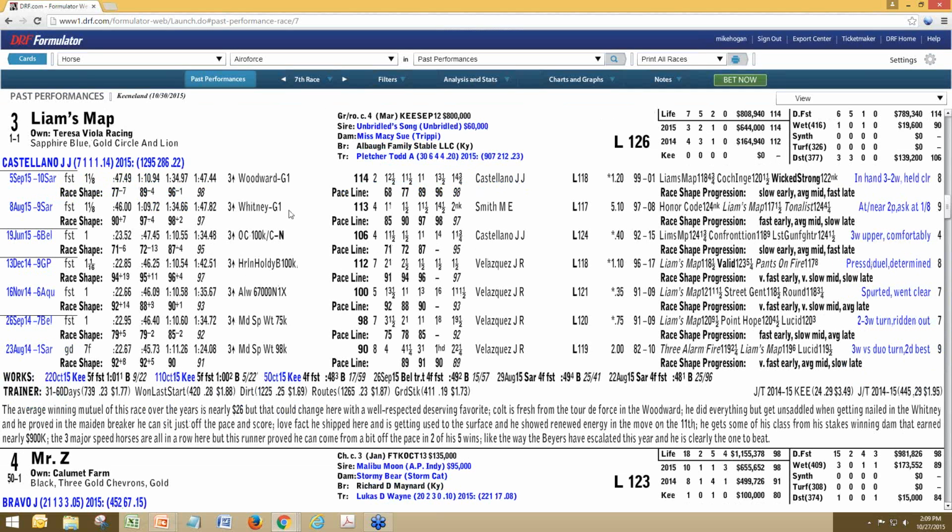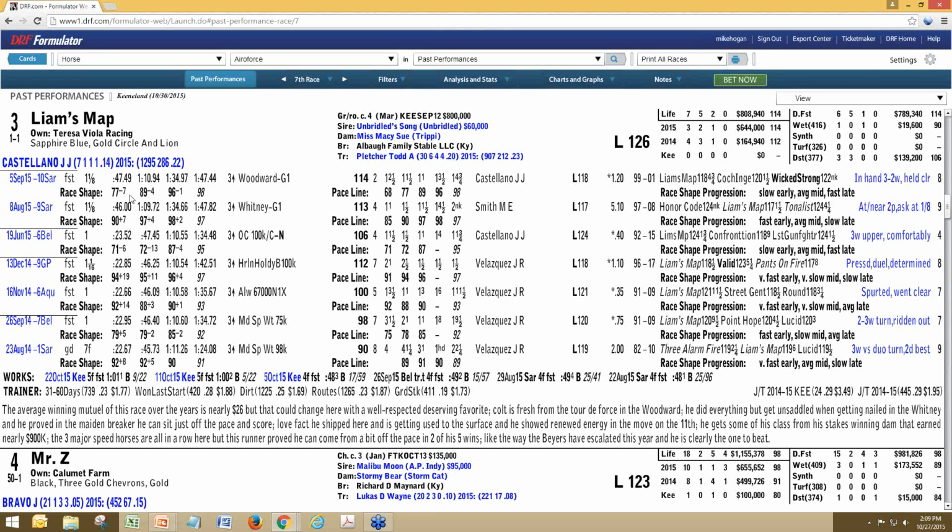Now, when you look at Liam's Map's past performances, and you look at the pace figures, you see the race shapes of the races that he set the pace. Most of them throughout his racing career have been extremely fast compared to par. Last start in the Woodward was not. He was actually running a slower than par pace when he was the only early speed and the controlling early speed.